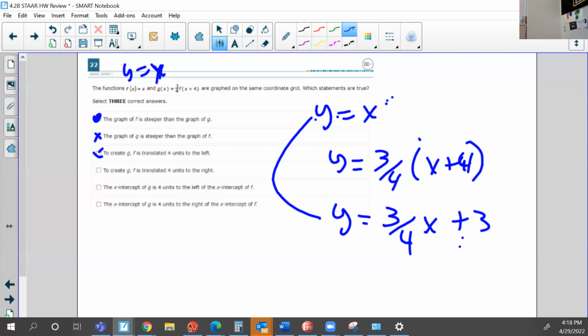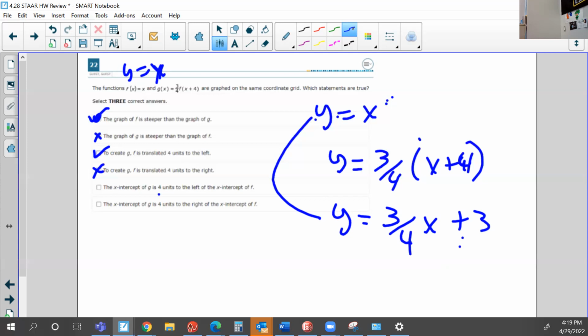That's correct. Yes, I'm sorry, that's correct. This one is not correct. And the x-intercept of G is 4 units to the left. If you graph these, you can see that the x-intercept of G is 4 to the left.